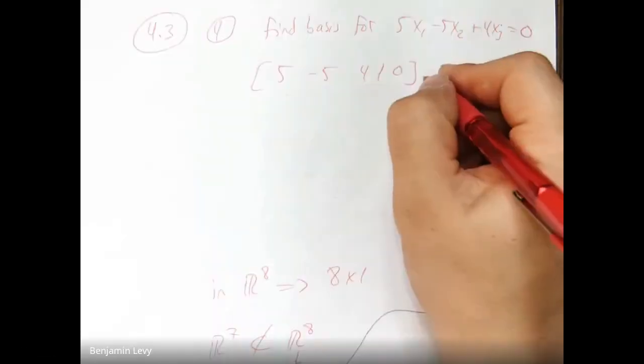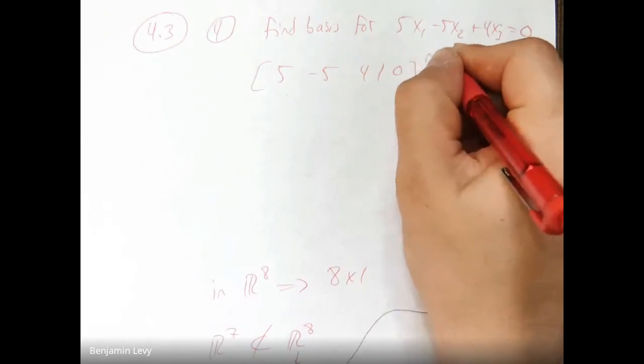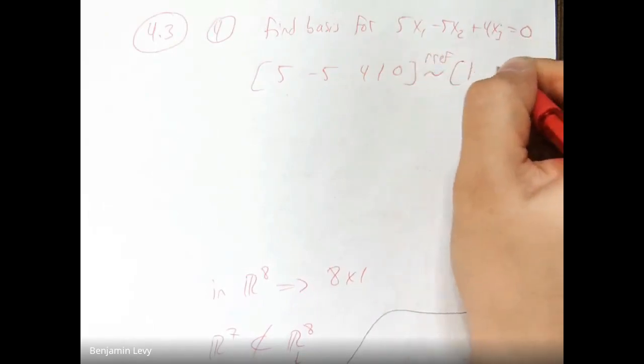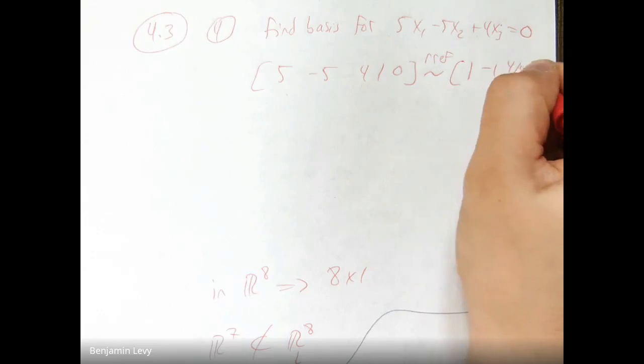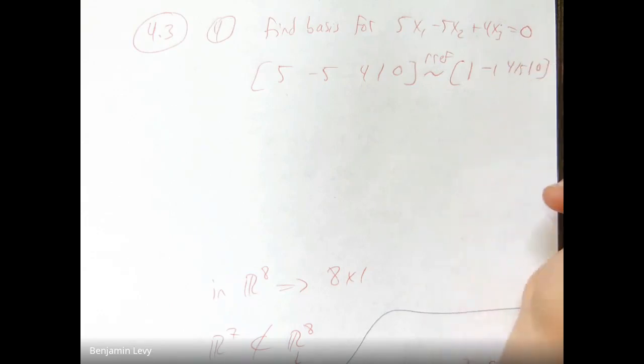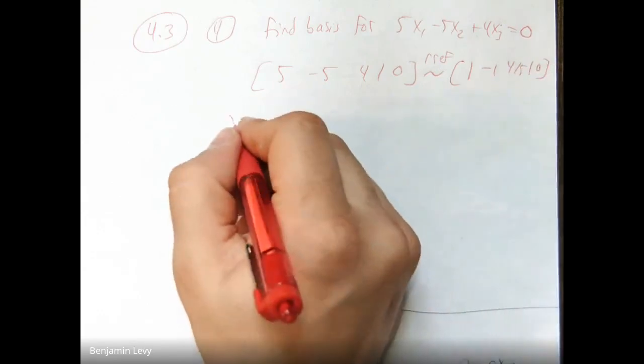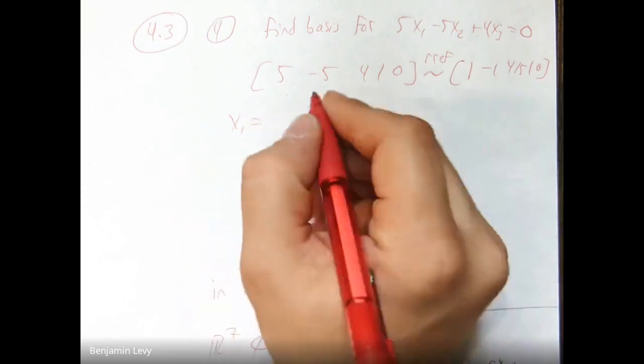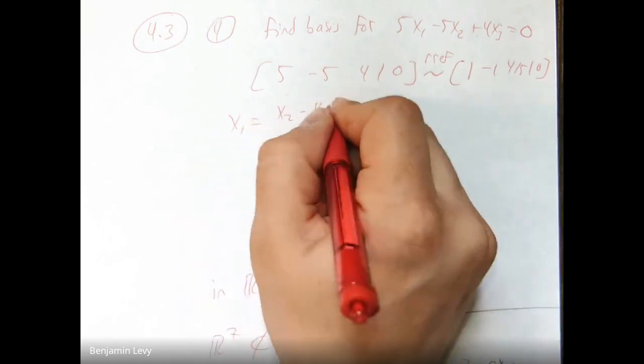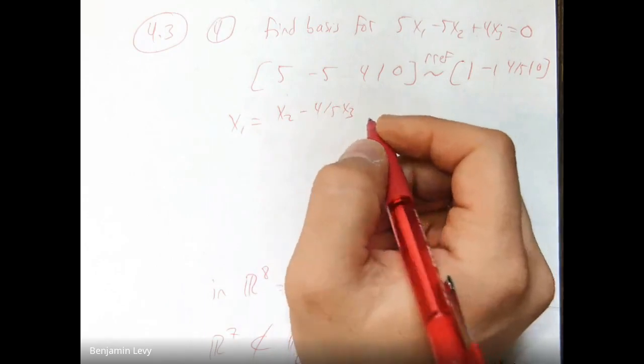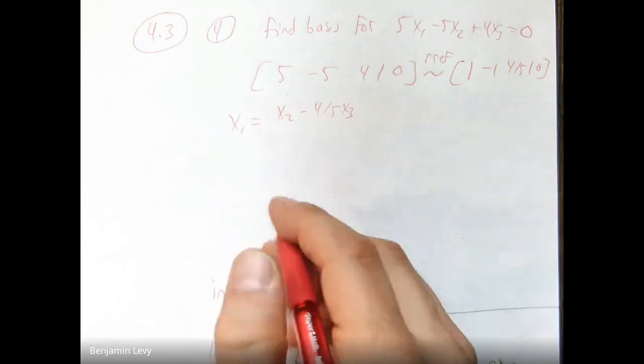After you do REF, which would just be dividing by 5, you'd get x1 equals x2 minus 4/5 x3. And then you just write that as a parametric solution.